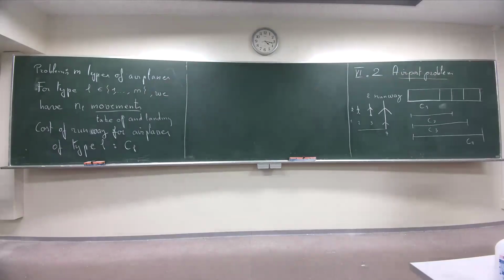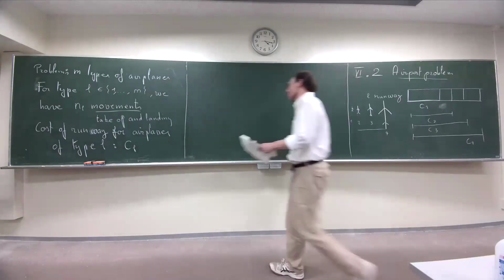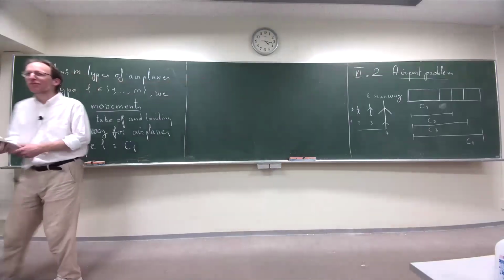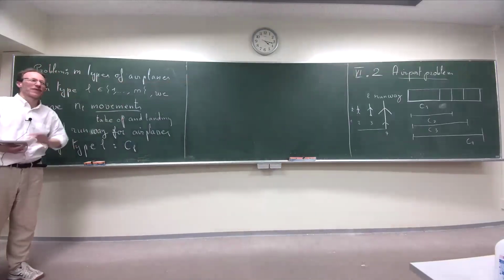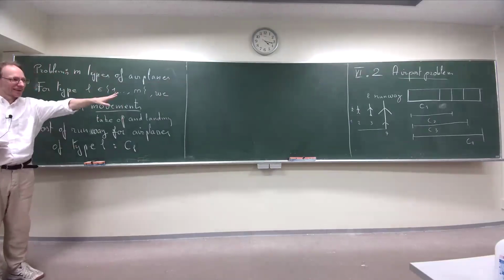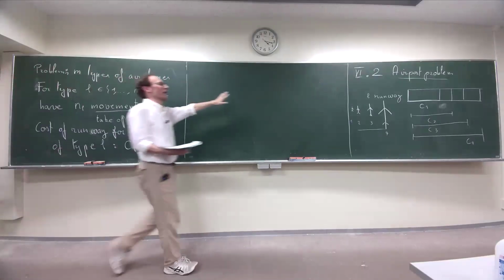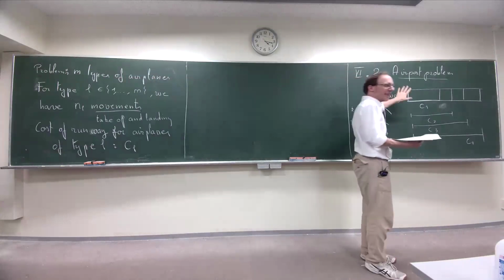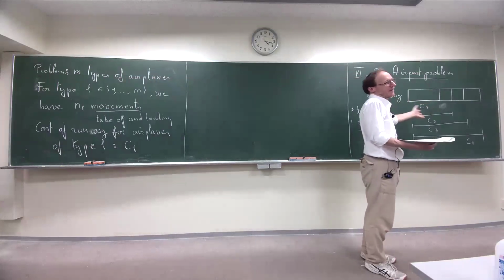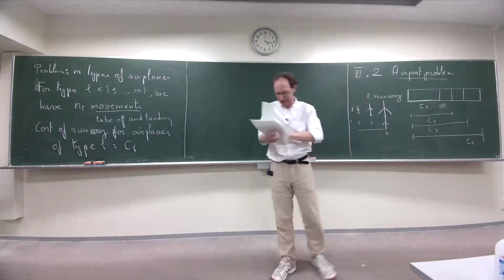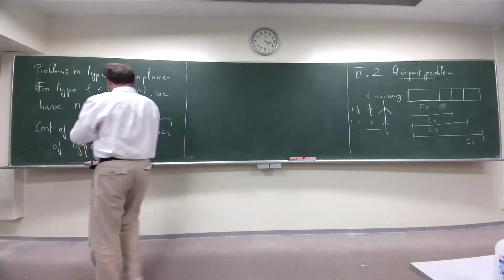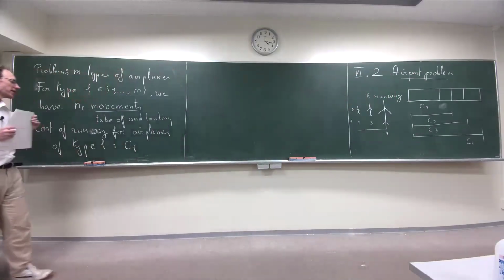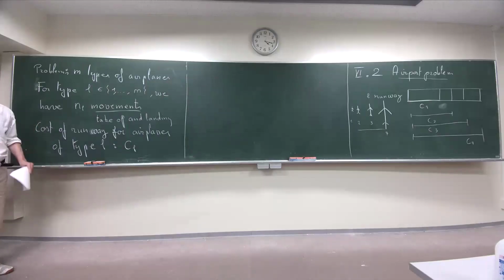Of course, the amount is probably very different, but for my problem, it doesn't matter if you start from zero with no runway and you construct it, or if it exists and you just pay for the maintenance. Doesn't change anything.